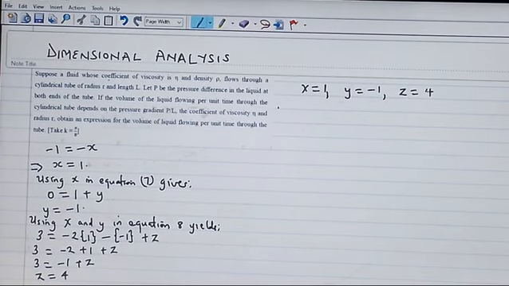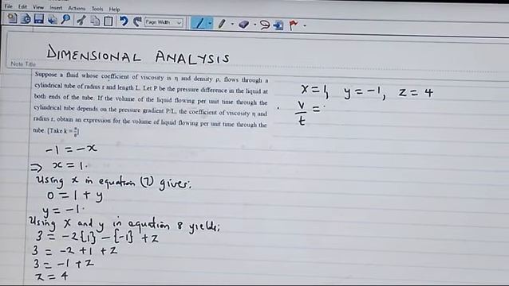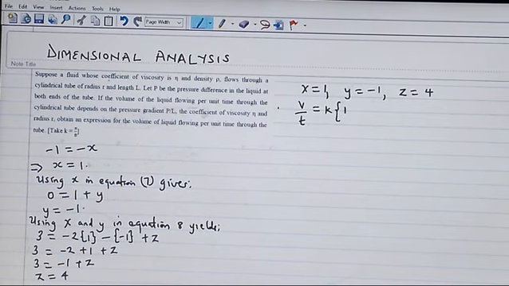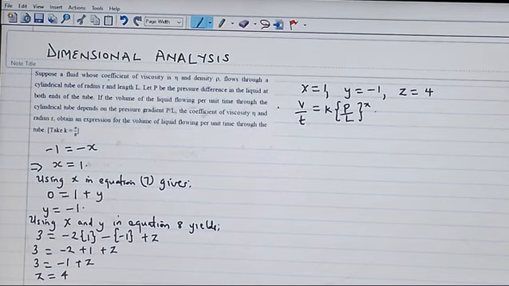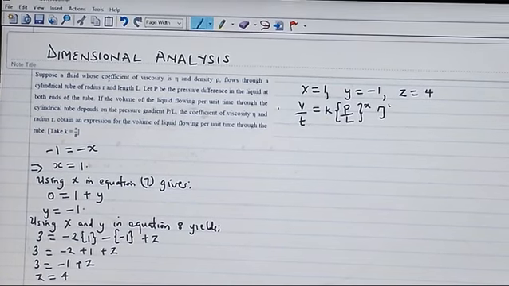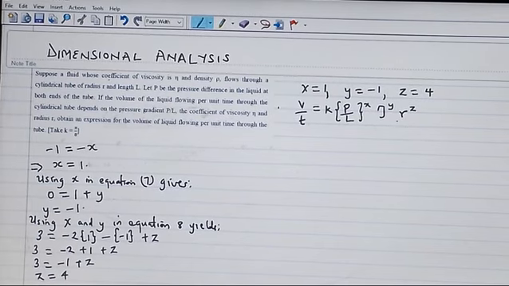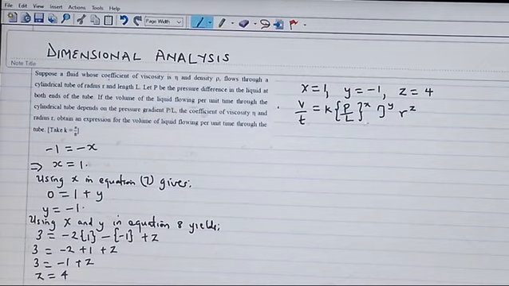So we recall our original equation where we said v over t is equal to k into bracket of p over l, all raised to power x, coefficient of viscosity raised to power y, and radius raised to power z.